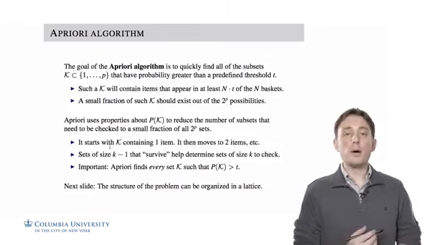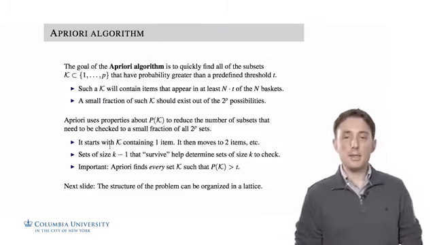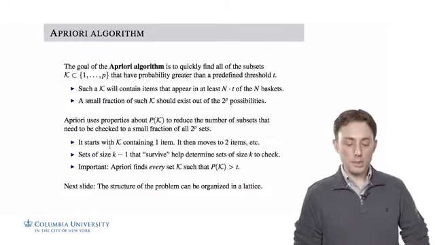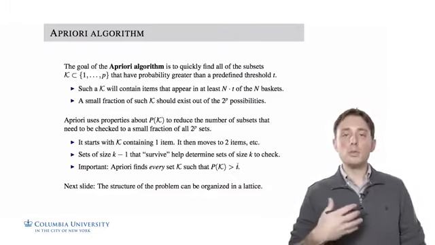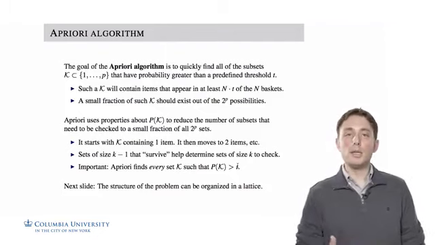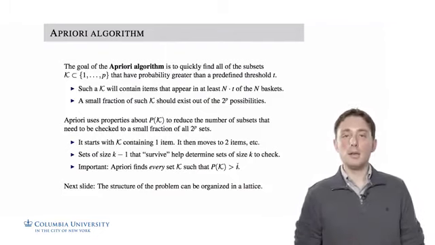What's important about the algorithm we're going to discuss is that it's going to find every single subset such that the empirical probability of that subset is greater than T. But it's going to, again, use certain properties about probabilities to eliminate subsets without even bothering to check them.